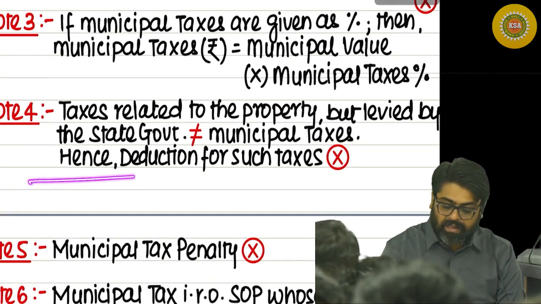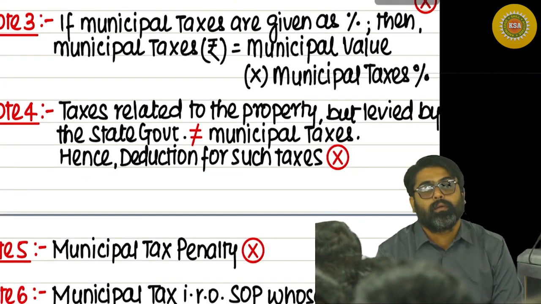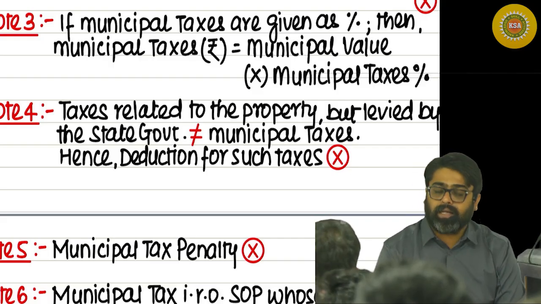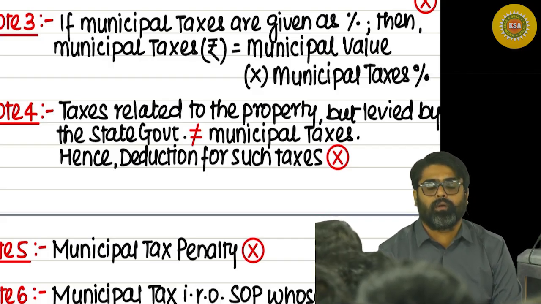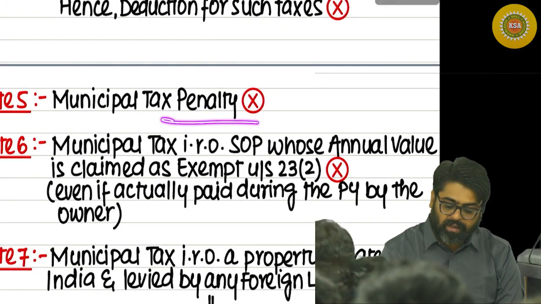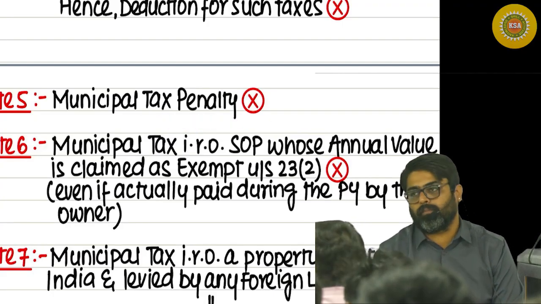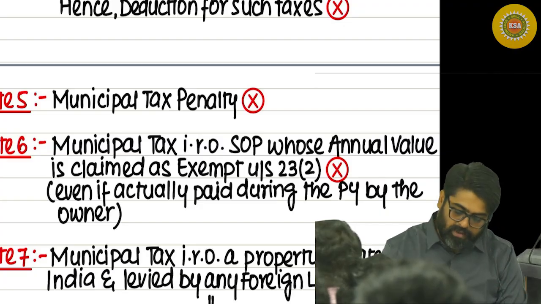Yes or no? Any taxes related to property not levied by local authority but levied by state government will be allowed or will not be allowed? Will not be allowed. Municipal tax penalty you are paying. Municipal tax will be allowed, but municipal tax penalty will not be allowed.